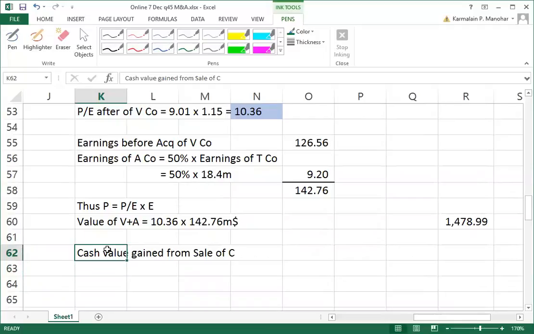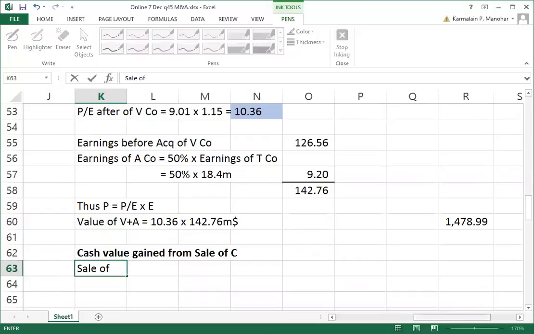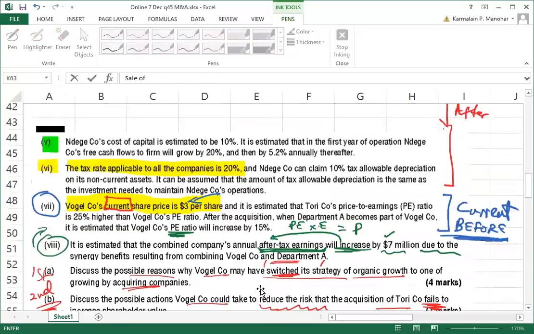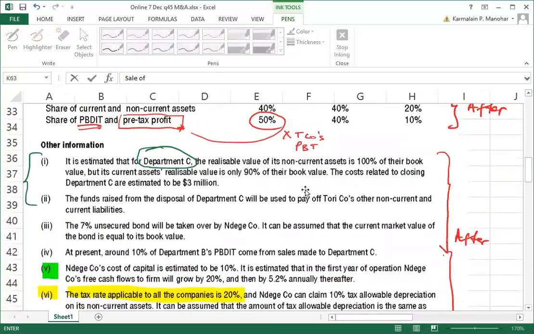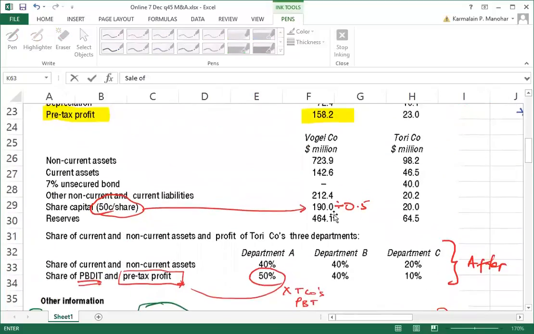So this is what we're looking at now. We did A and B already, VNA, sorry. And we have sale of, what was the first thing? Non-current assets. Yeah, sale of non-current assets. How much is that? So this is a share of non-current assets as well.